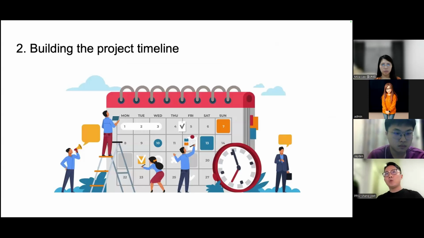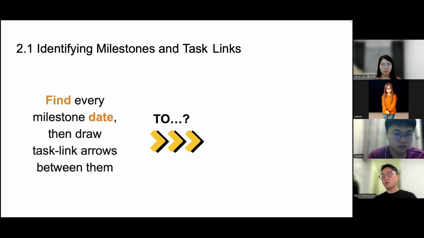So next, you have all the feature briefs derived. You have roughly an estimate of what you want to build, if I were to put it this way. The next thing you want to do is to estimate the timeline you need to deliver this prototype, right? And inside this, you need to first identify your milestone and task links. So what are these?